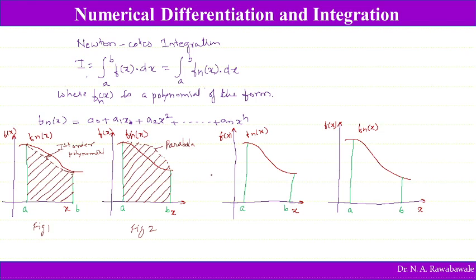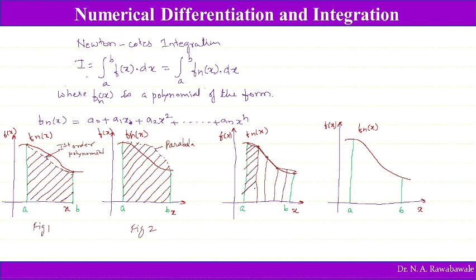In figure 3 we are going to consider various points on this polynomial, say 1, 2, 3, 4, 5, and then we join the first point with the second point, third point, fourth point, fifth point, and we divide this into strips like this.